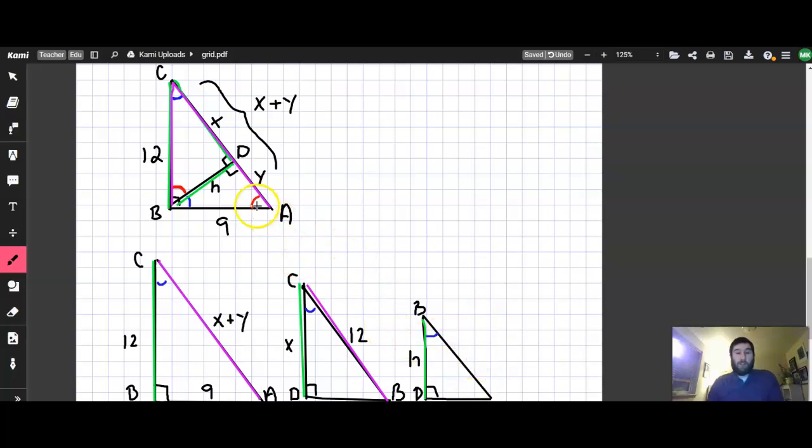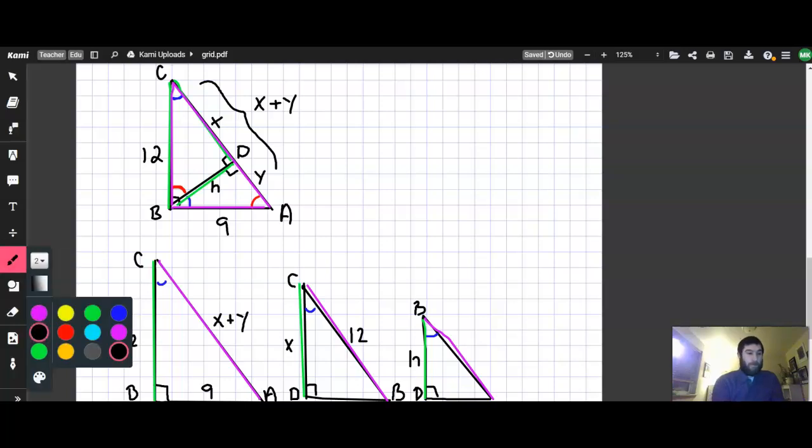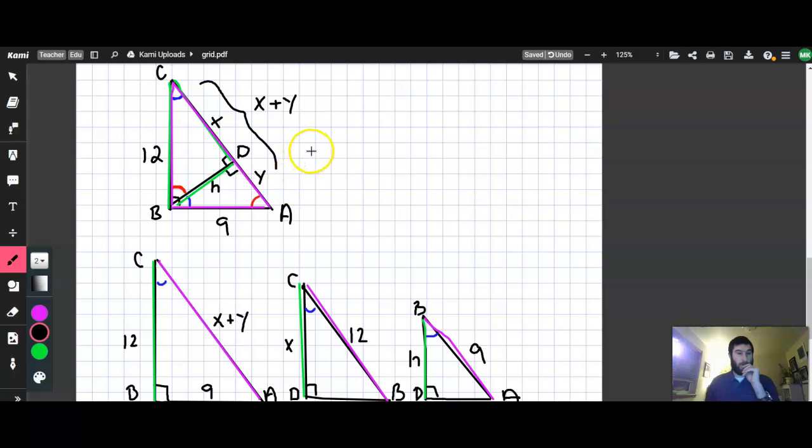The smallest triangle is between the blue and the red, and that's going to be right here on the bottom, which is going to be a length of 9. Particularly between the points B and A. So, ladies and gentlemen, we got those two sides taken care of.